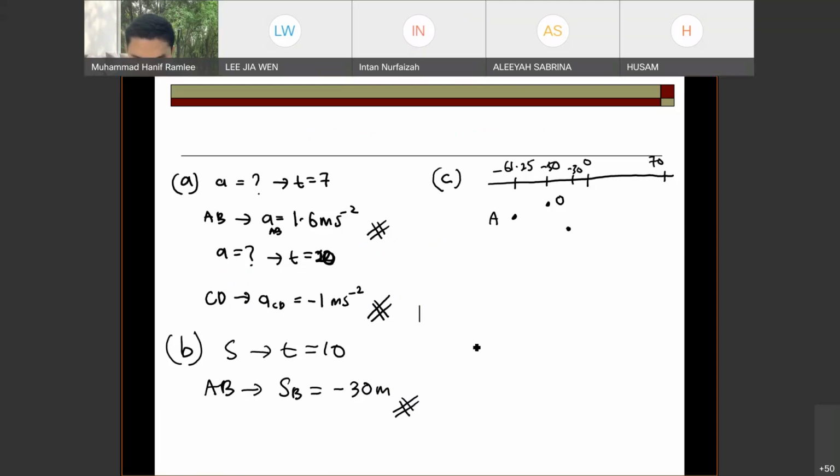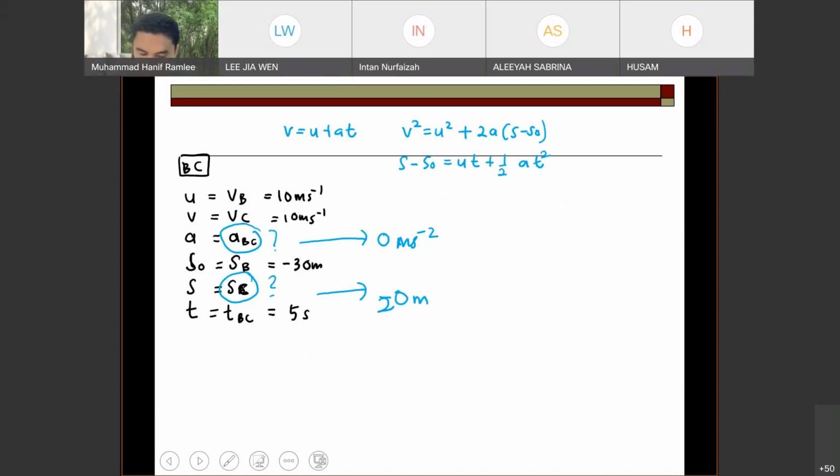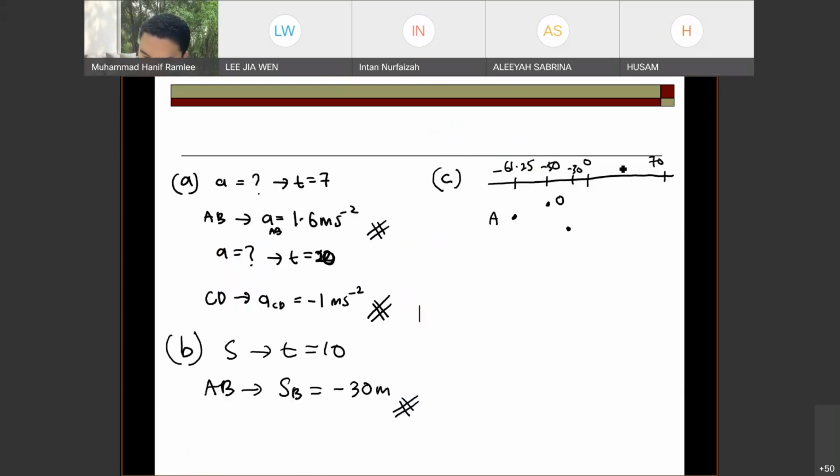Don't disturb me. So SB is equal to -30 meter, and SC, what is the point for SC? 20. 20 should be here. B and C. And then the last one, of course, SD.